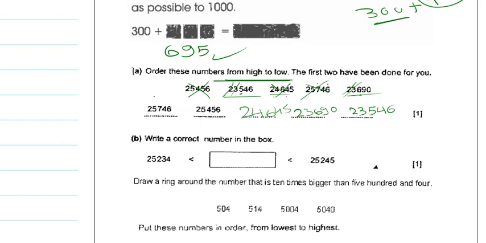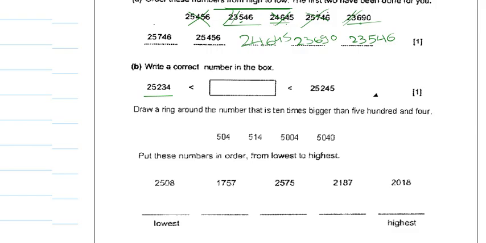Write a correct number in the box. 25,234 and 25,245. We need a number in between. Any number more than 25,234 and less than 25,245 is valid.